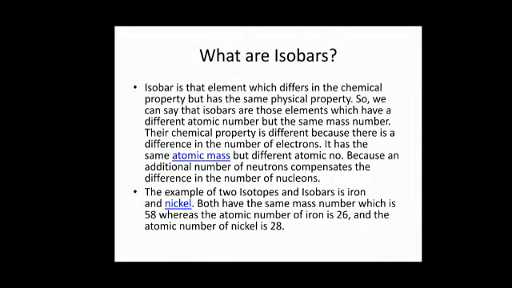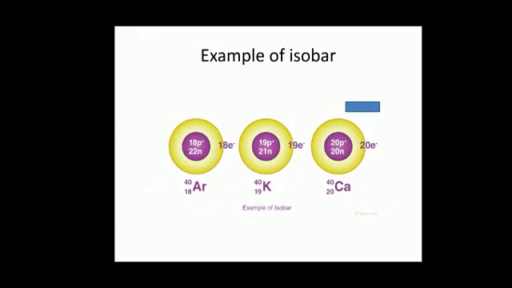The example of isobars is iron and nickel. Both have the same mass number, which is 58, whereas the atomic number of iron is 26 and the atomic number of nickel is 28. Now have a look at this image. These are the examples of isobar. Another example taken here is argon, potassium and calcium.